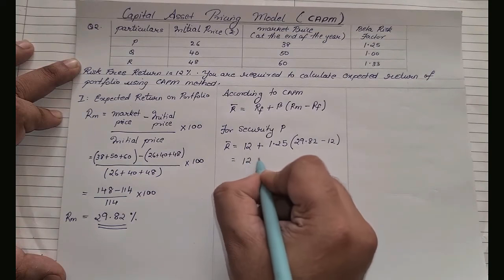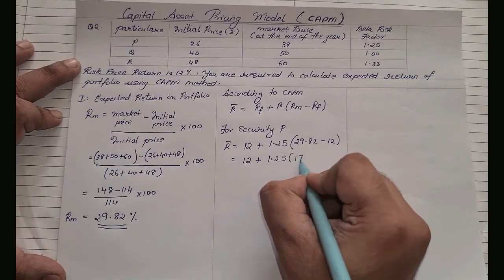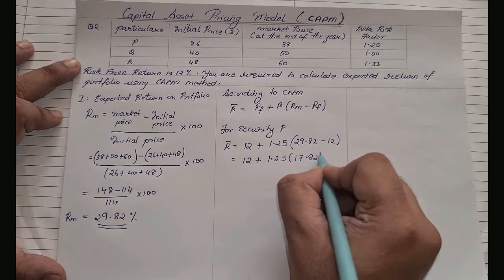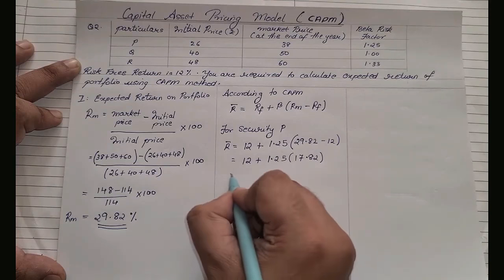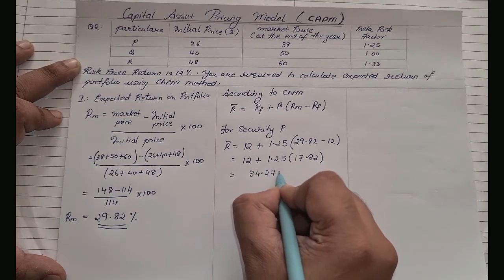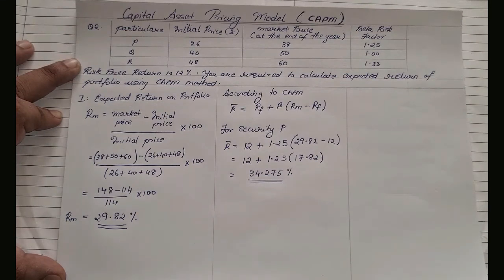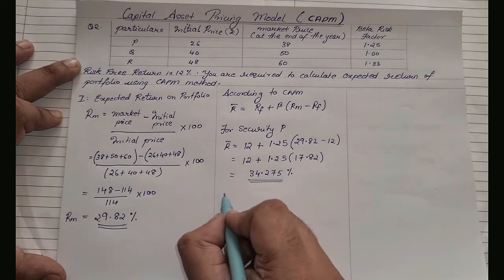This would give you 12 plus 1.25 into 17.82. You multiply, you add, you get your final answer as 34.275%. So the expected return for security P under CAPM is 34.275.